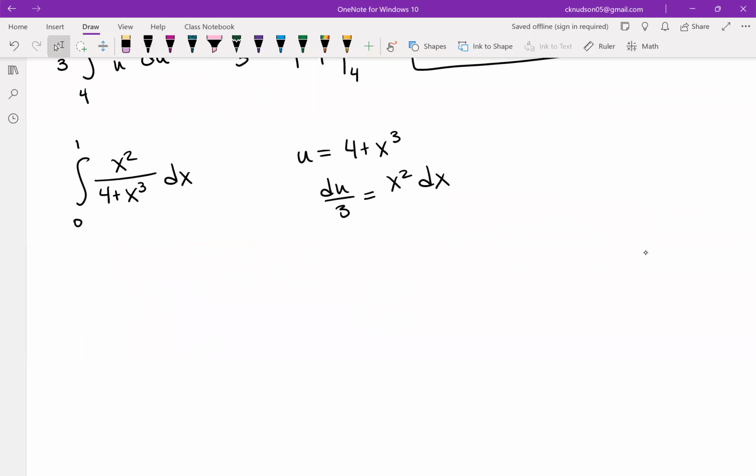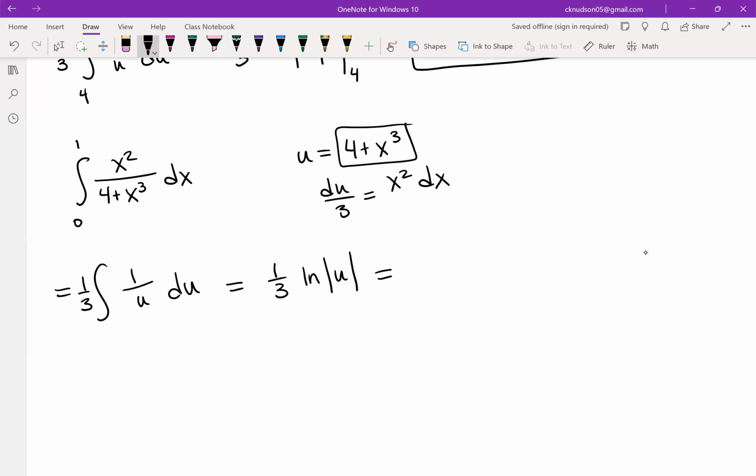All right, so what we're going to do is use this substitution to get 1/3 integral of 1 over u du. Now we do that integration, get natural log of u. And now we're going to convert back to in terms of x. So we're going to replace our u with 4 plus x cubed.